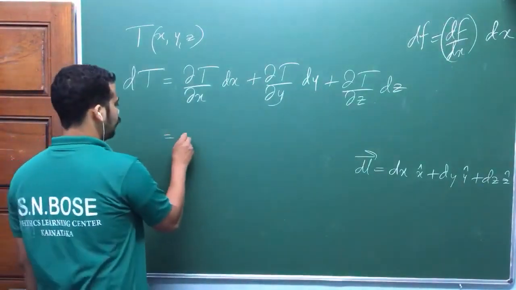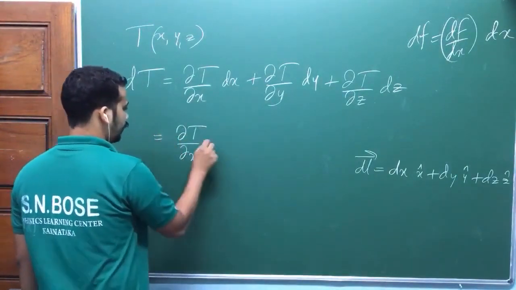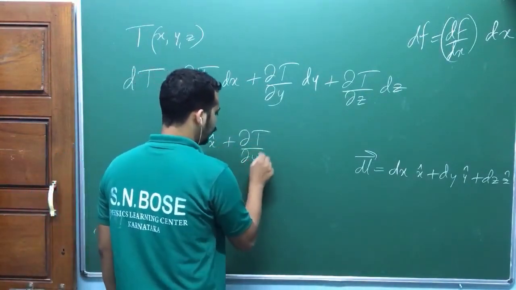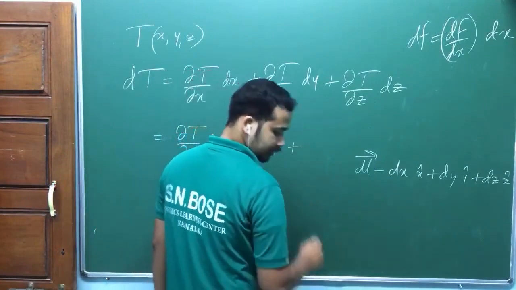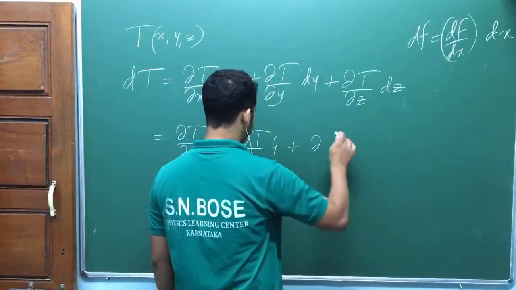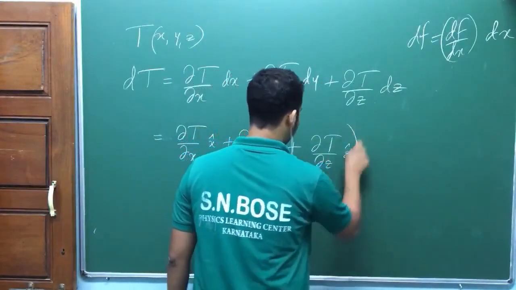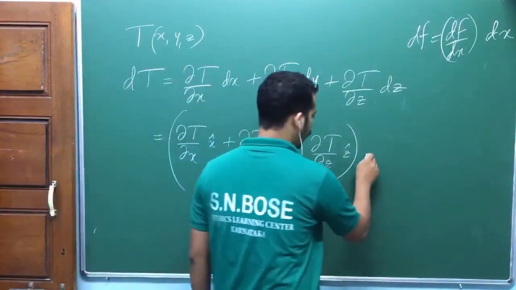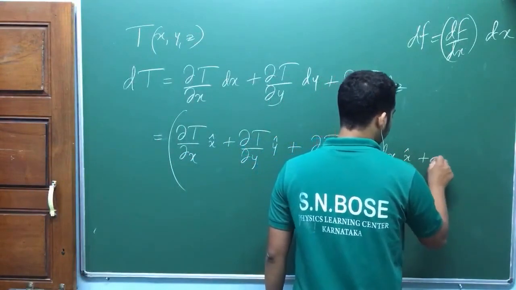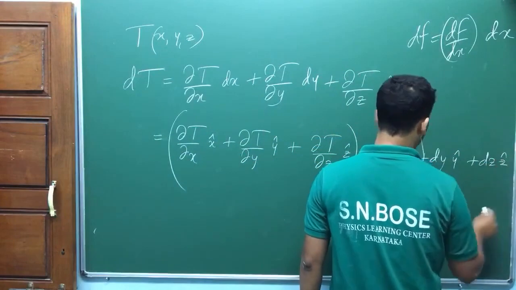Look at here: dou t by dou x into x cap plus dou t by dou y into y cap plus dou t by dou z into z cap, and we take the dot product with dx into x cap plus dy into y cap plus dz into z cap.